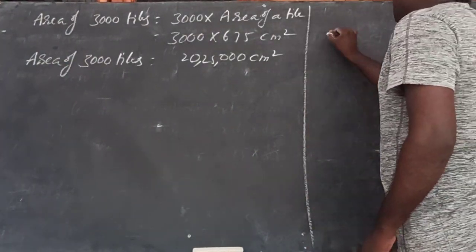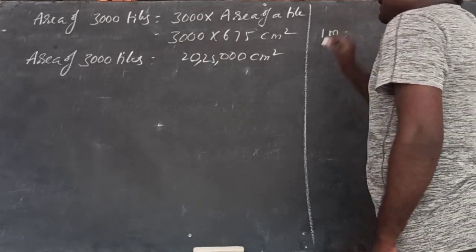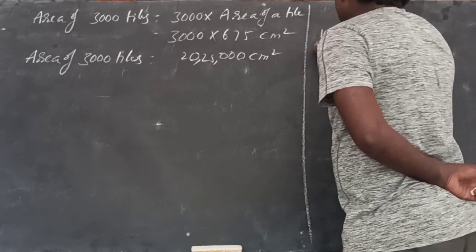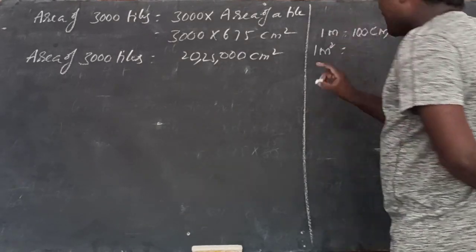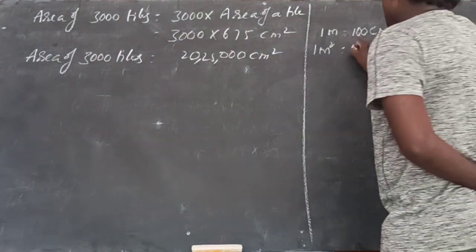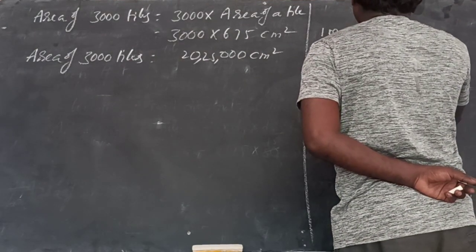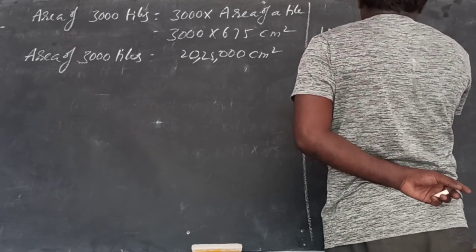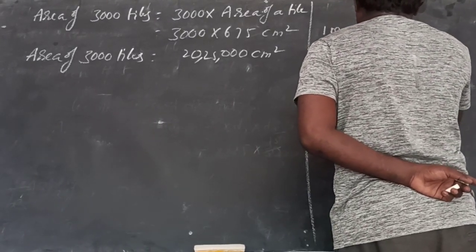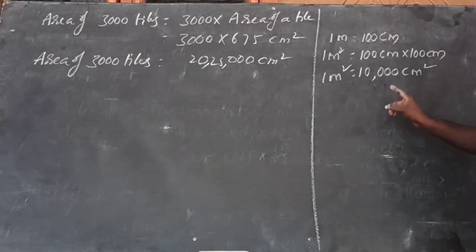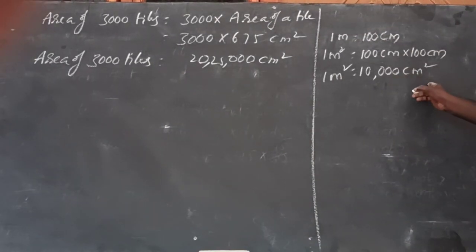Here, 1 meter is equal to how many centimeters? 100 centimeters. 1 meter square means 1 meter into 1 meter, which is 100 centimeter into 100 centimeter, that is 10,000 centimeter square. So 1 meter square is equal to 10,000 centimeter square.